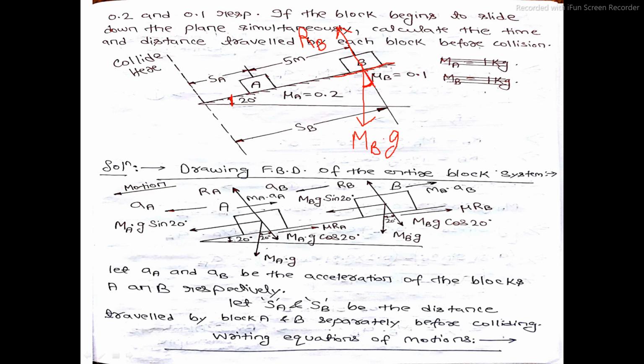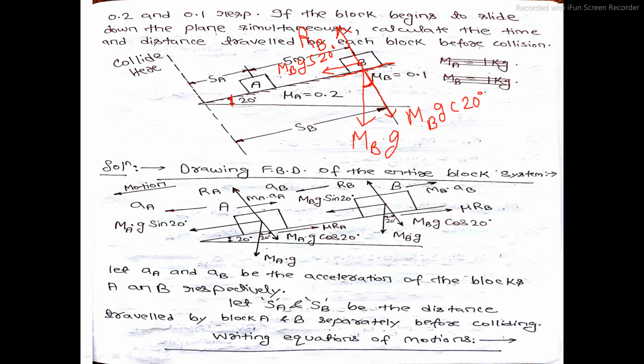So this component is your MBg cos 20, and this component is your MBg sin 20, correct?